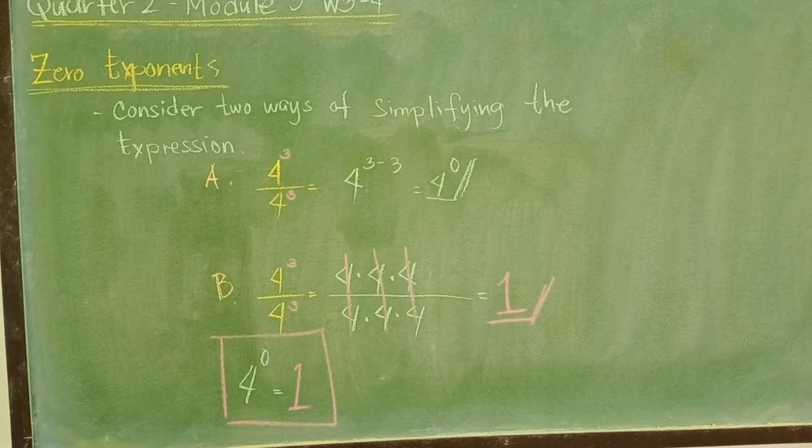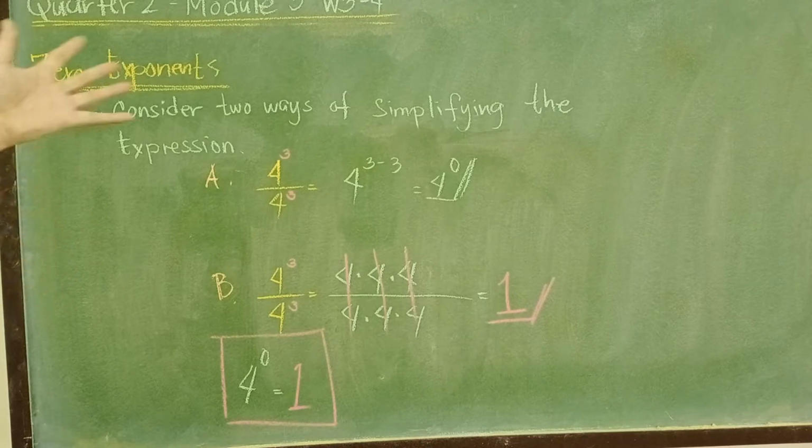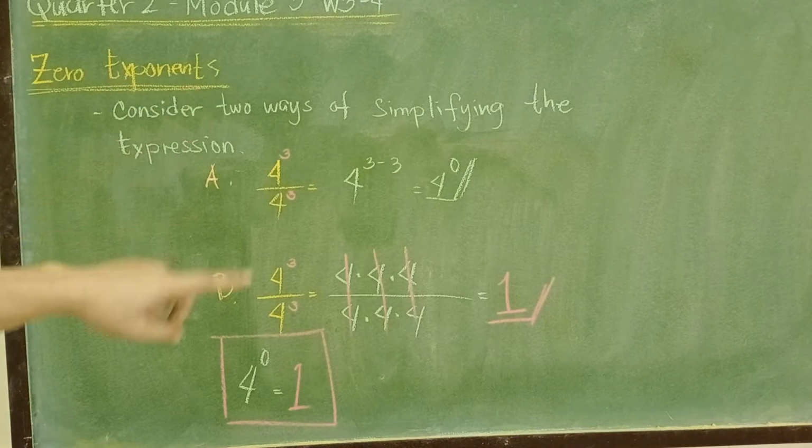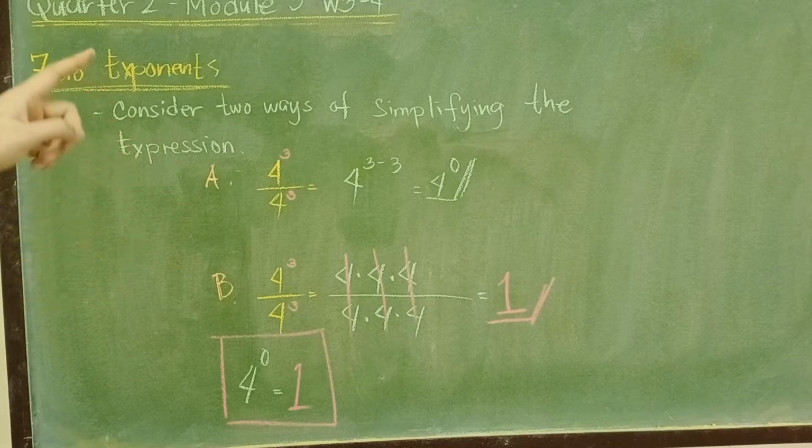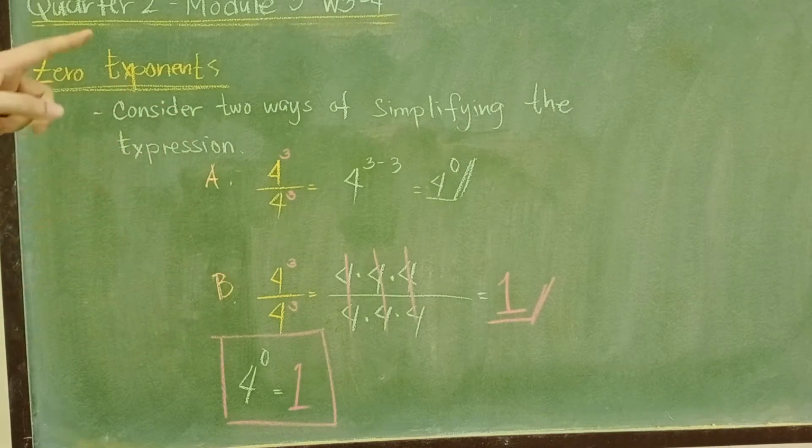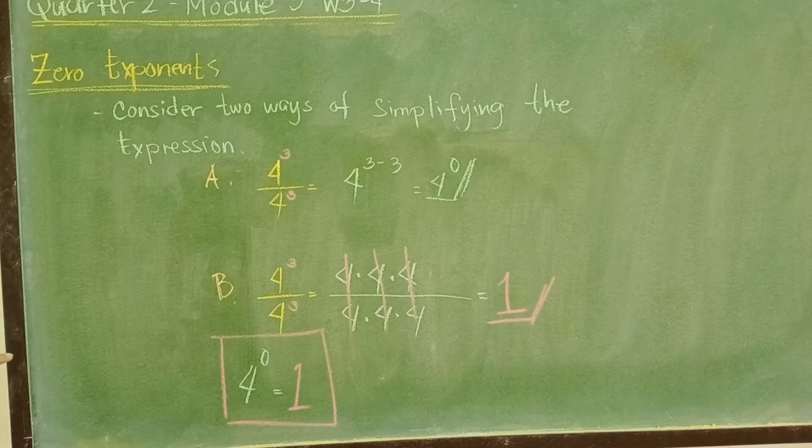Since di ka naman pwede magkaroon ng magkaibang value, kung parehas lang naman tanong, parehas yung value nila. Pero in this case, magkaiba lang yung format, pero parehas lang yung value nila. 4 is to 0 at saka 1 are equal. So from this conclusion, pwede mong sabihin in general na any number raised to 0 is equal to 1. Any number raised to 0 equal to 1.